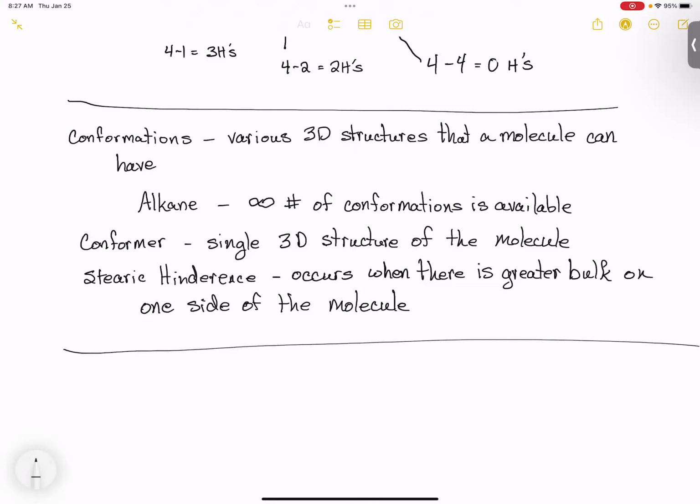And that does take us into the key thing for today, which is naming. I will spend a good portion of what's left, if not all of what's left, going over naming, and then combining naming with condensed and structural and line structures.